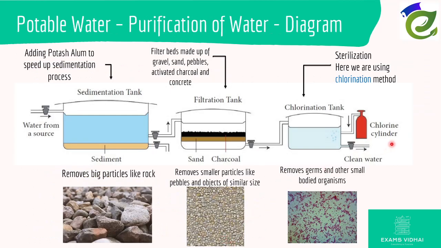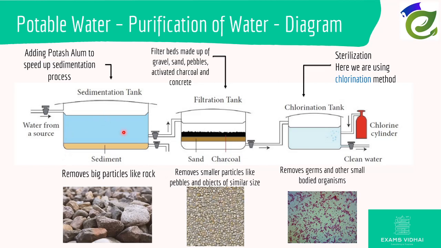Now here's the diagram that I told you I will show in the previous slide. So you have the sedimentation tank that you will pump lots and lots of water into, and these really big rocks will go down and sedimentate. Like in the well, you would rest the well for, let's say, 2 to 3 days, and then you have clear water up, and you only take up the clear water.